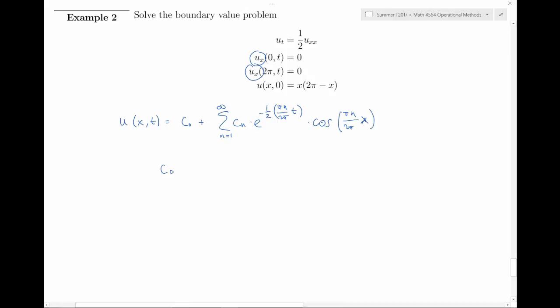The coefficient c0 is simply the integral from 0 to 2 pi, with 1 over 2 pi constant in front, of the function x times (2 pi minus x) dx.